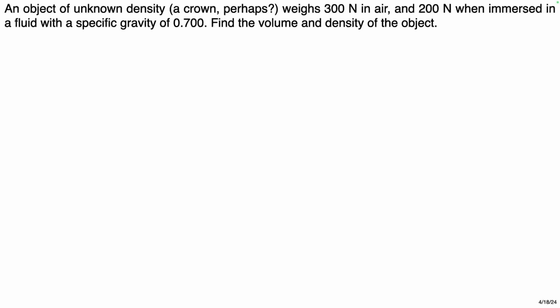When in fluids, particularly with buoyancy, they'll talk about weighing objects in air and then weighing objects in a fluid. In physics, we have a particular kind of idea in mind for that, and it involves something called a hanging scale.